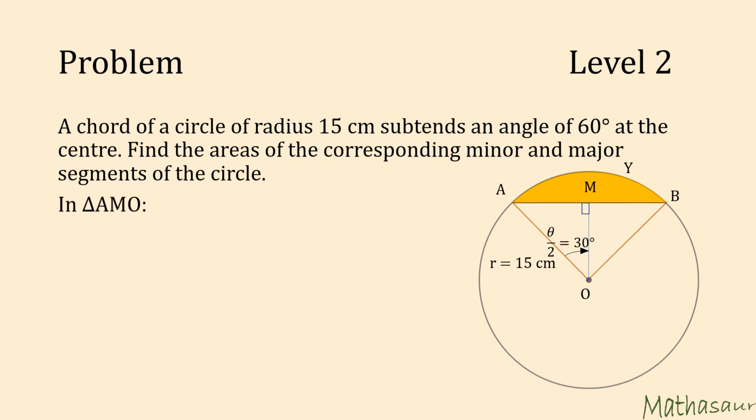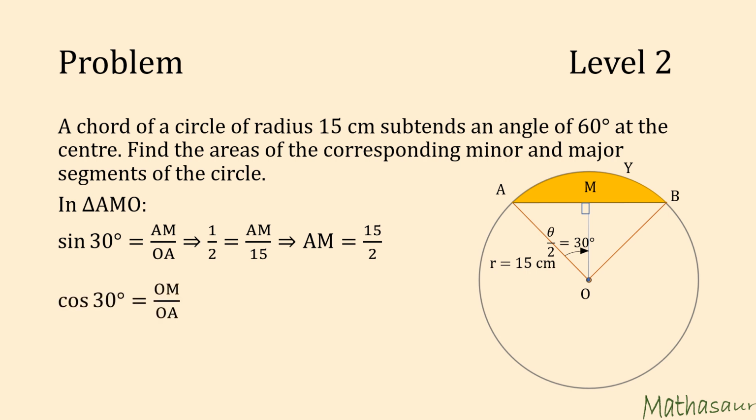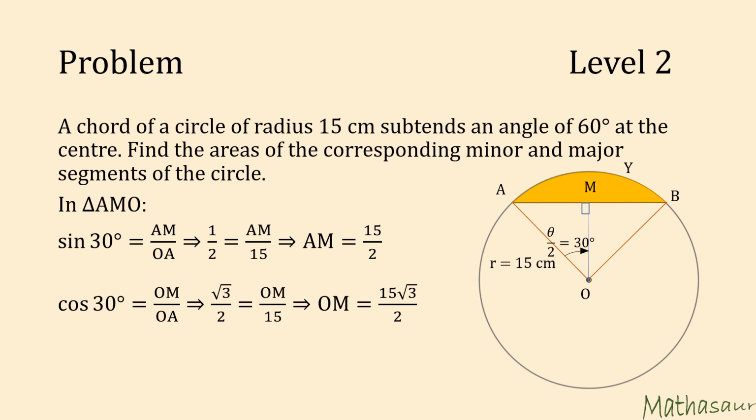So in triangle AMO, we can apply the trigonometric ratios sin theta by 2 and cos theta by 2. This gives us the values for AM and OM. AM comes out as 15 by 2 centimeters and OM as 15 times square root of 3 divided by 2 centimeters.